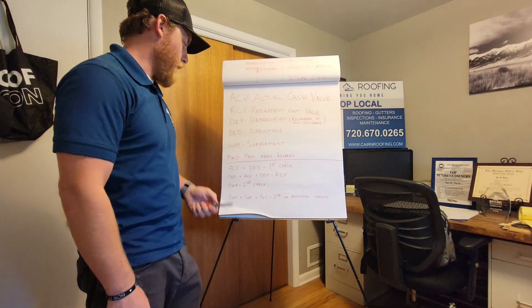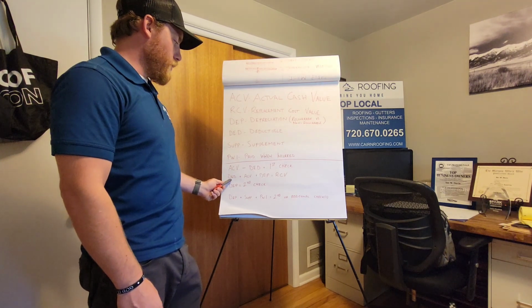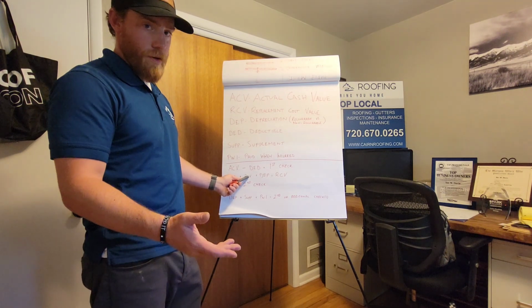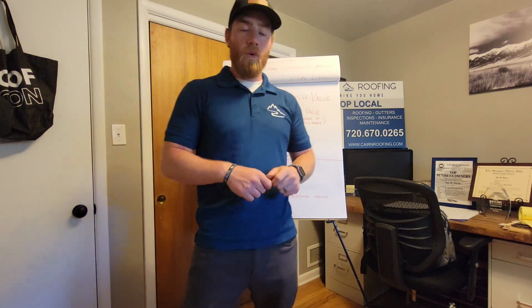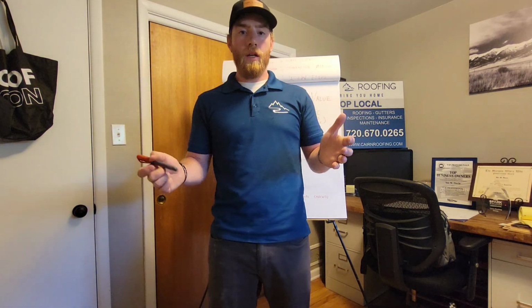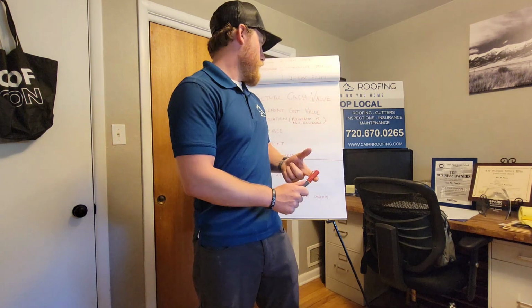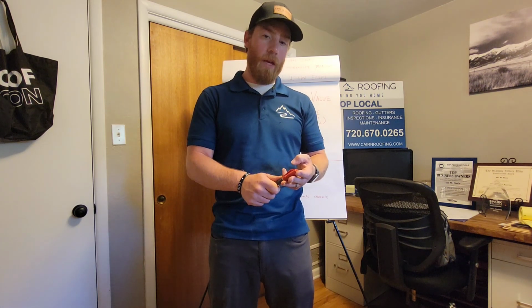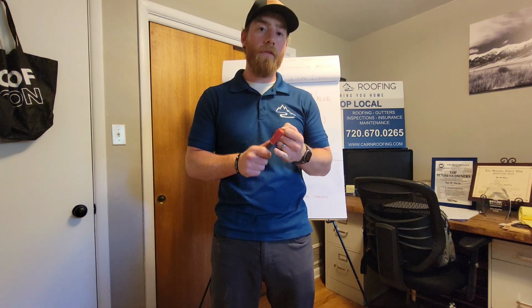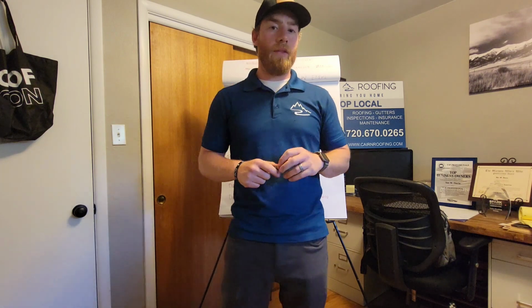Okay, the next one, deductible plus your ACV, which is your first check, plus the depreciation equals the RCV. So once we get the actual work done, you can add up the ACV, the actual cash value, and the deductible that you're responsible for, and the amount that it depreciated over time, and you get the replacement cost value of that product when you go to get the work done.